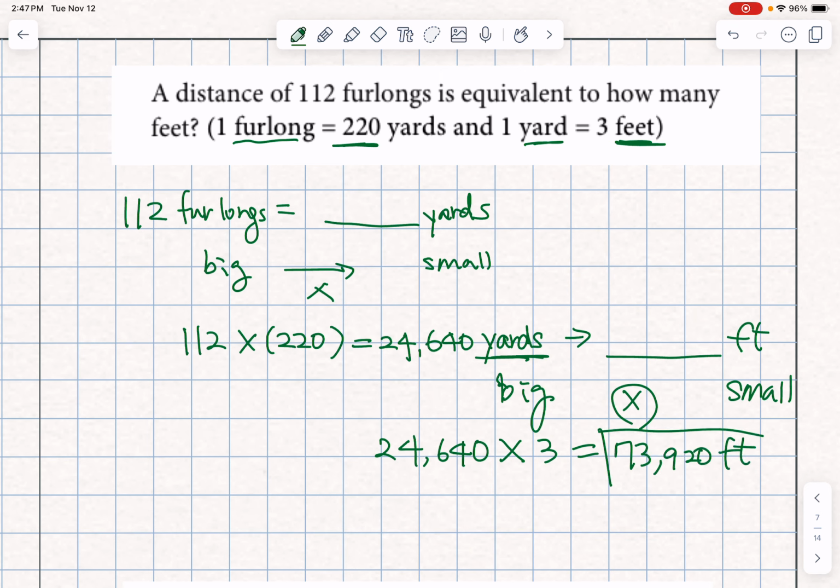So the answer will be 73,920. If it is changing units from big to small, then you have to multiply. But this one is a two-step multiplication, because furlongs change to yards and yards change to feet.